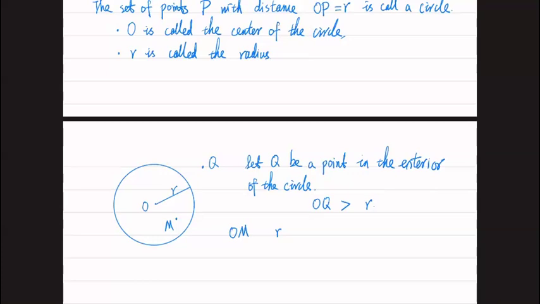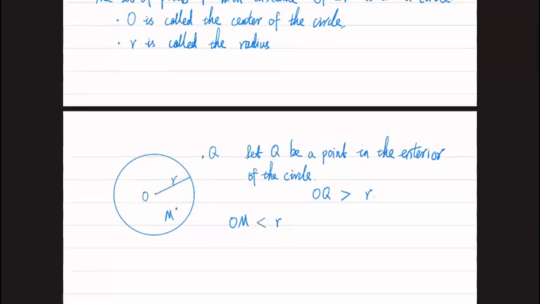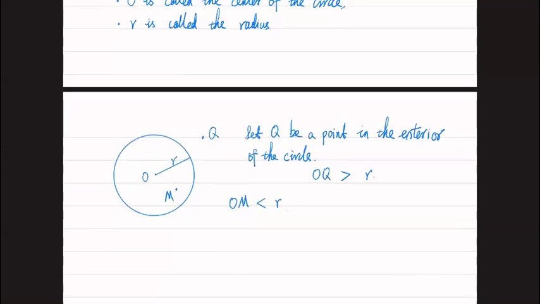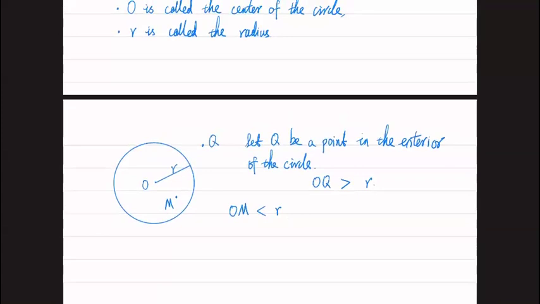We want to compare OM and R. In the interior, the distance must be smaller. So this gives us the characterizations of points.